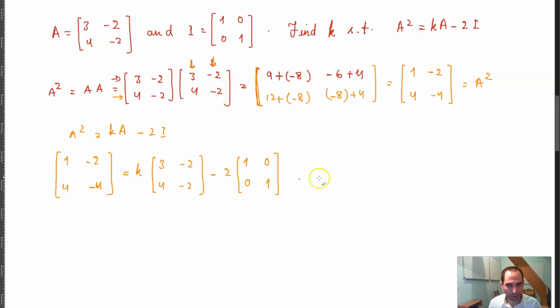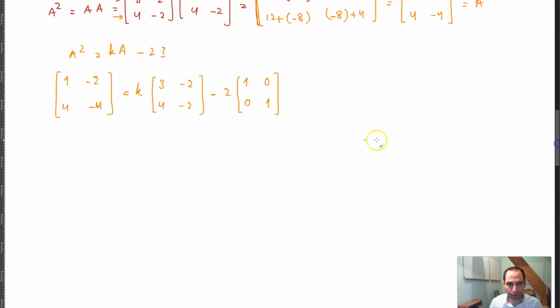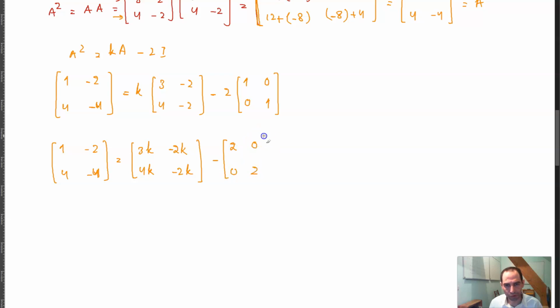Now if I do this calculation, what I will get is 1, negative 2, 4, negative 4, and over here, multiplying K, I get 3K, negative 2K, 4K, negative 2K, minus this matrix 2, 0, 0, 2.